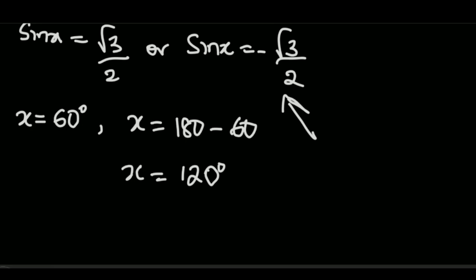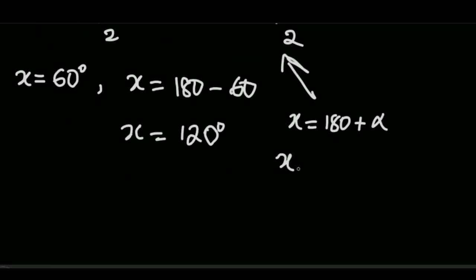To find the value of x for the third and fourth quadrant, for the third we use x equals 180 degrees plus the reference angle, which in this case is 60.